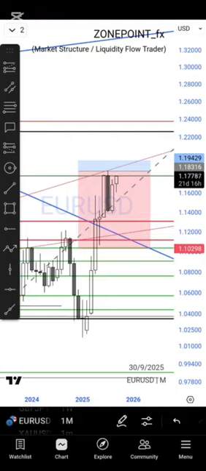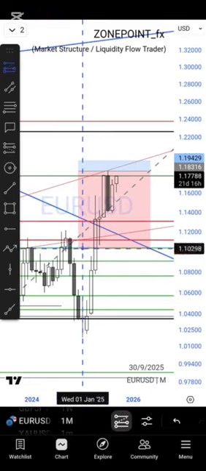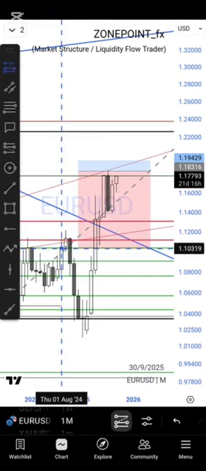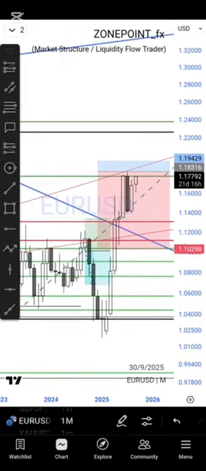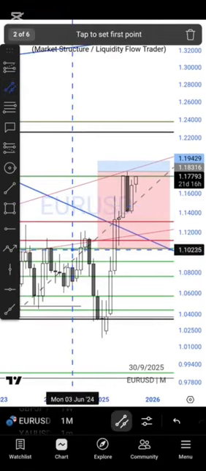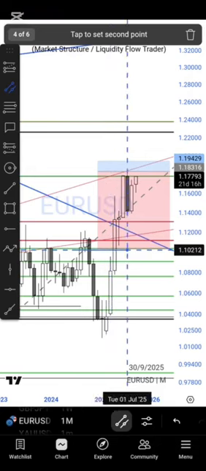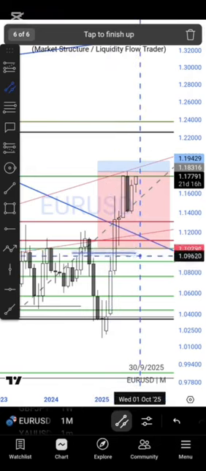So you can see that there's an imbalance. No, there's a fair value gap here. Why am I making a mistake? There's a fair value gap here, and there's an imbalance at the other side.